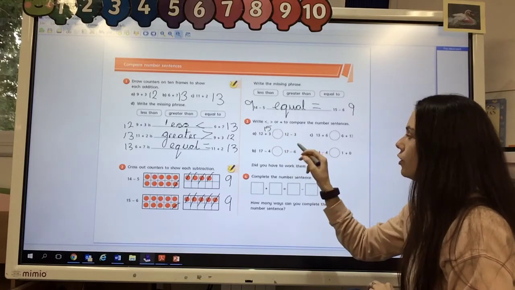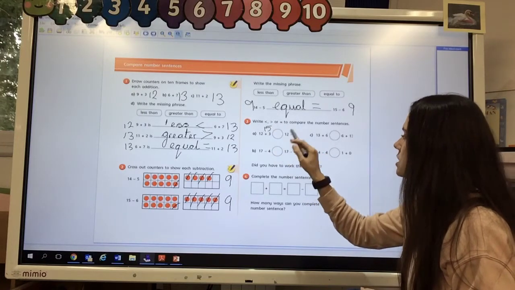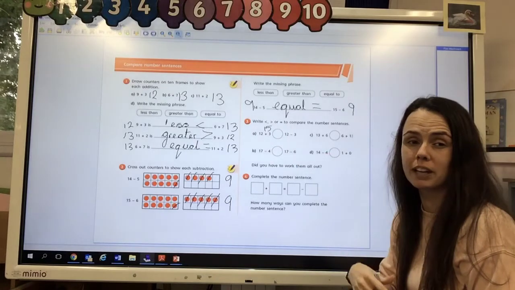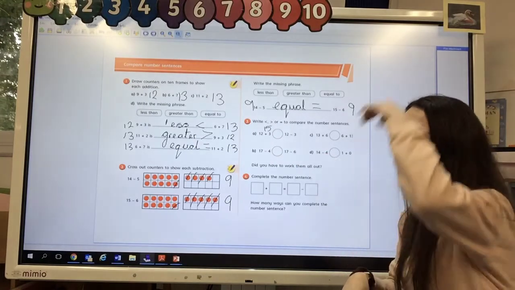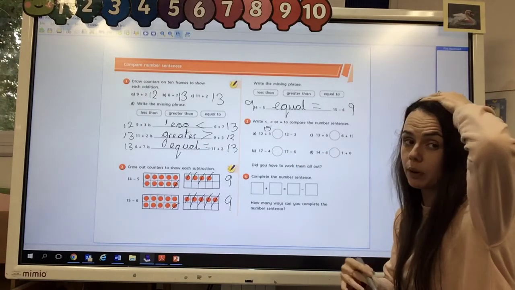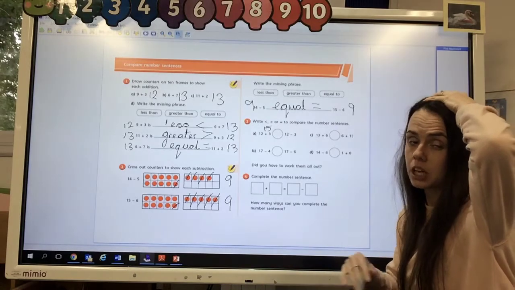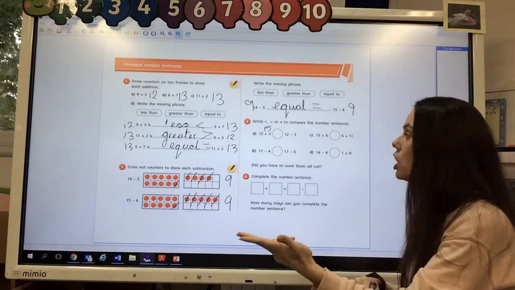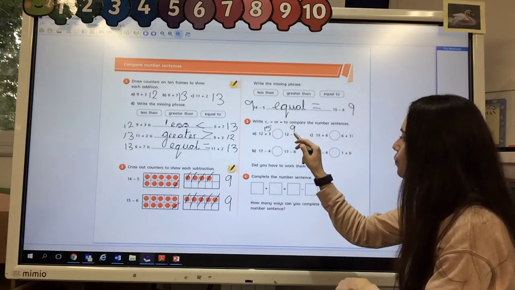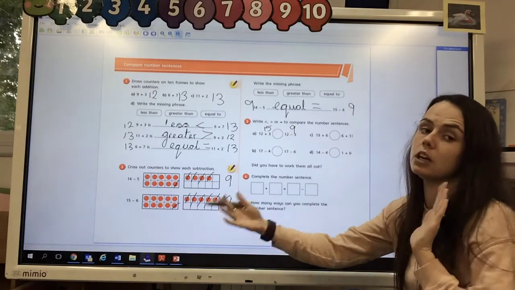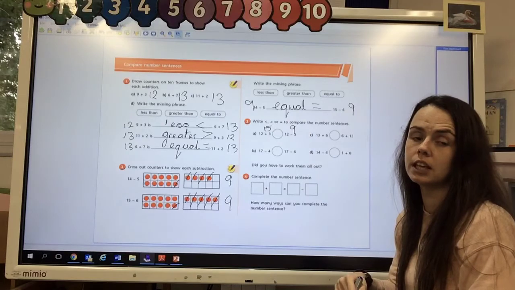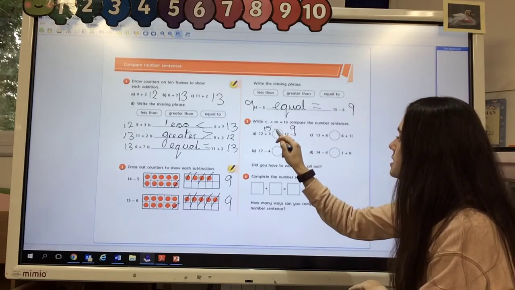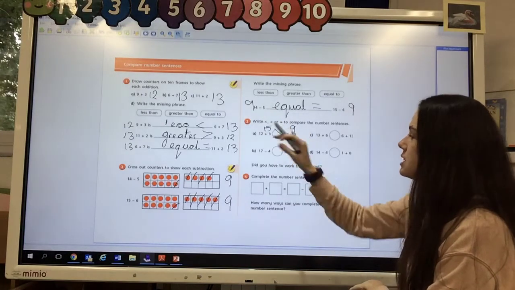Add on 3 is 15, so 12 take away 3 this time. So we've got 12 in our heads, and we're taking away 3, so we're counting backwards. 12, 11, 10, 9. So 15, is it bigger or smaller than 9? It's bigger then, isn't it? So we need to do this symbol. Biggest number on this side.